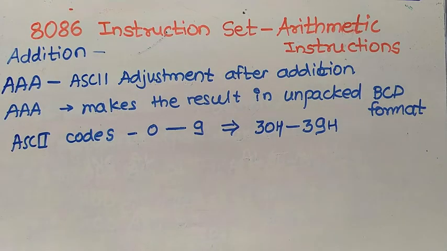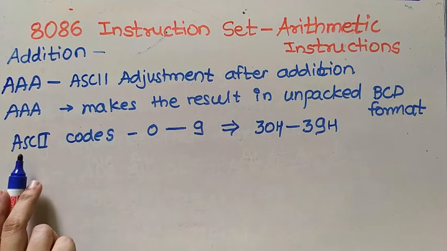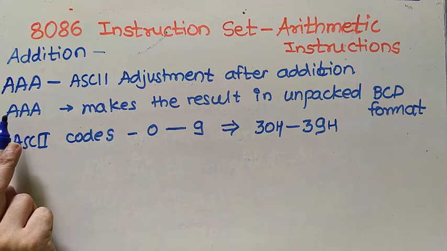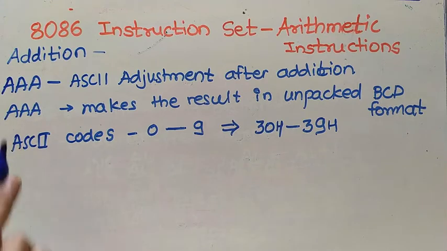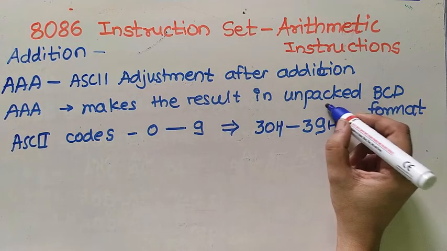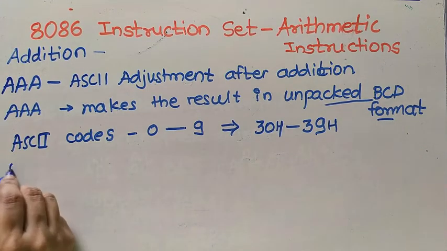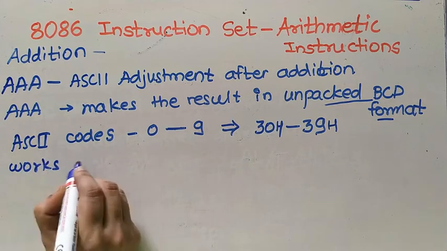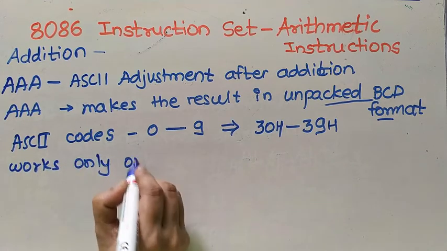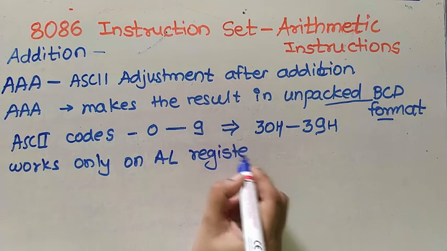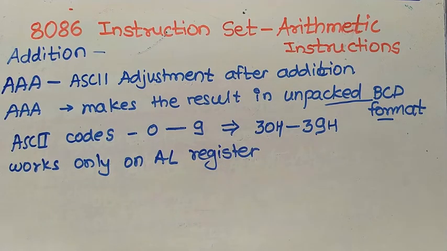So after addition, the AAA instruction is used to make sure that the result is correct unpacked BCD. To make the correct unpacked BCD result, this AAA instruction is used, and this works only on the AL register.